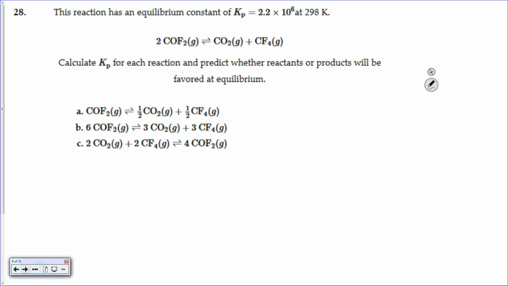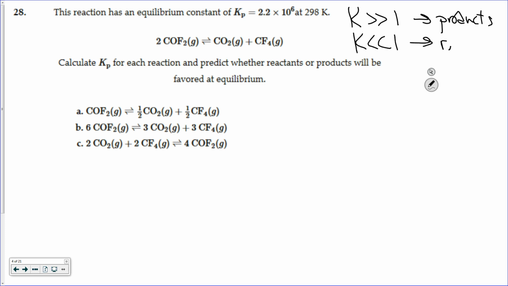So remember, going back to what we said, if K is much, much greater than 1, that means it favors products. If K is much, much less than 1, that means it favors reactants. And if K is close to 1, it's in between. So as written, this reaction has a K sub P that is a big number, 1 million plus, so it's definitely favoring the forward direction.